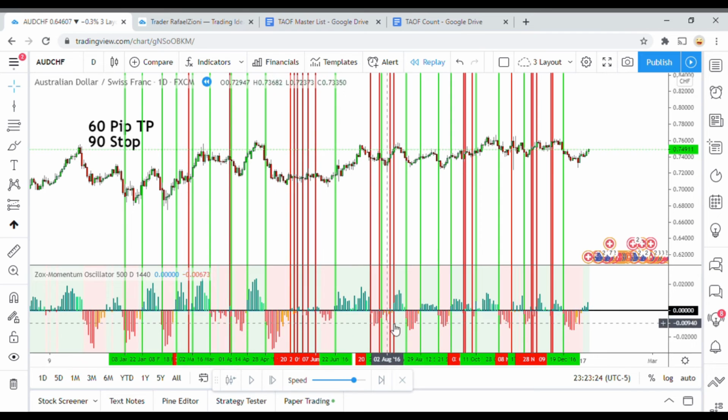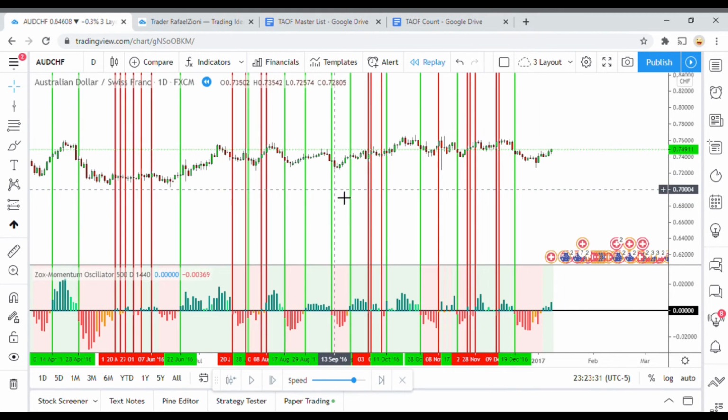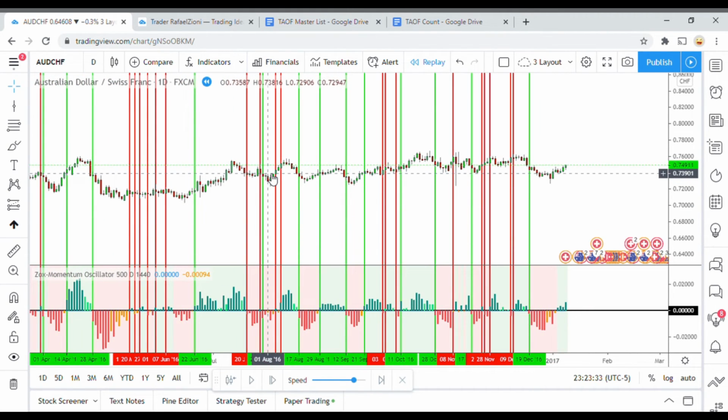For whatever reason, it gives a lot of whipsaw in sometimes obvious places like this ranging area right here, but then sometimes in some areas where it doesn't seem like it should be giving that kind of whipsaw, but it does.